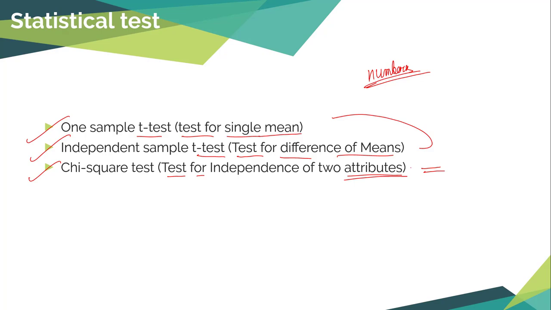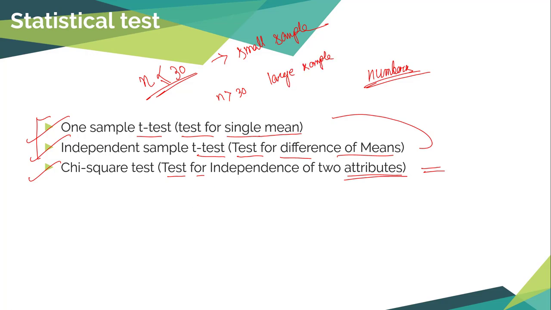There are a lot of other tests also, like the z-test, which is very similar to the t-test. The only difference is that when your number of observations n is less than or equal to 30, we call it a small sample. If it is greater than 30, then we call it a large sample.